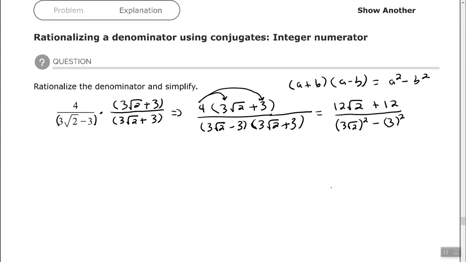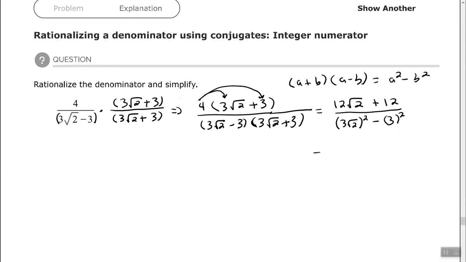Okay, so let's continue. Just going to go beneath here. So I'm going to keep my numerator like it is for right now. In my denominator, I'm going to square these. So remember, we have to square the 3 and we have to square the 2. So let's write that out.